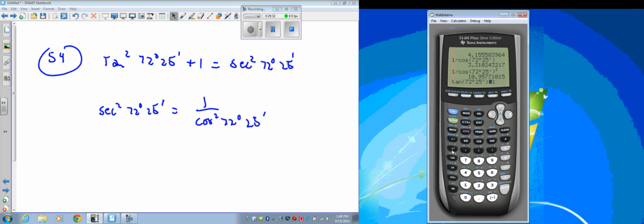Weird. Plus 1. Yeah, now they're the same. You're right. Okay, so that's what they're asking you to do with the calculator.